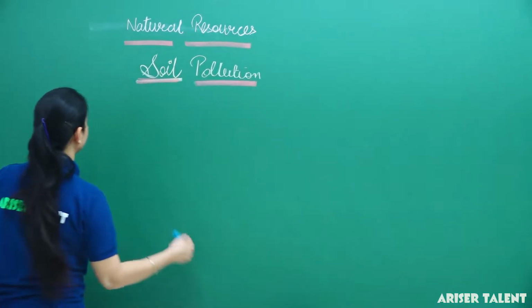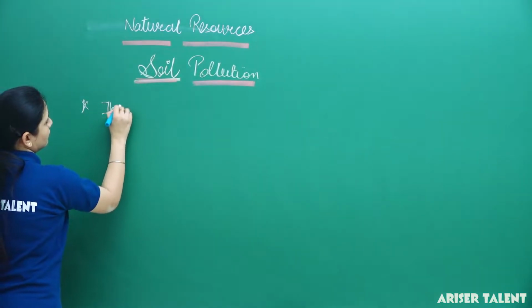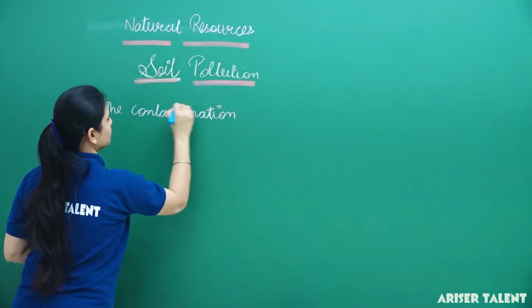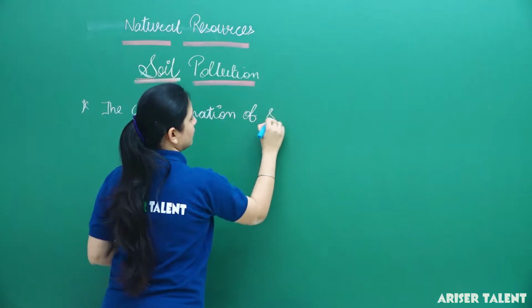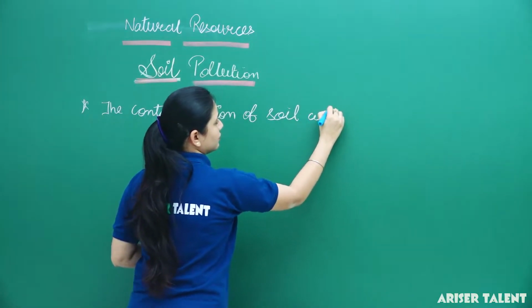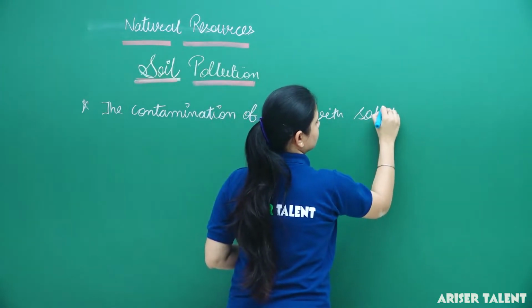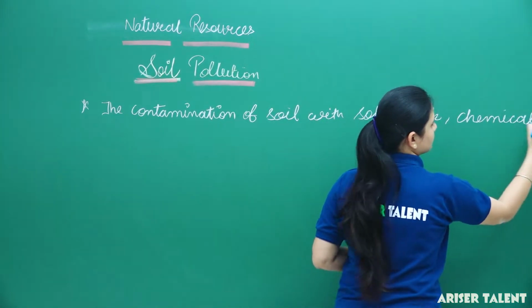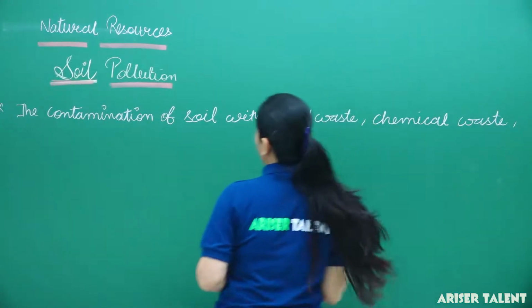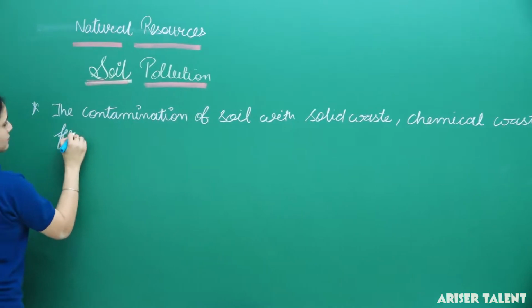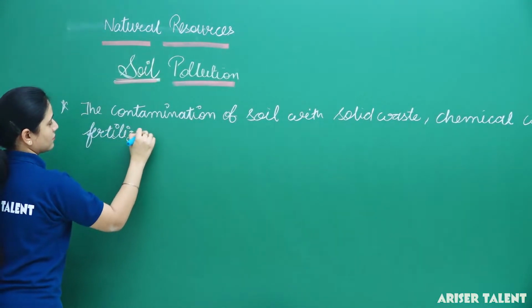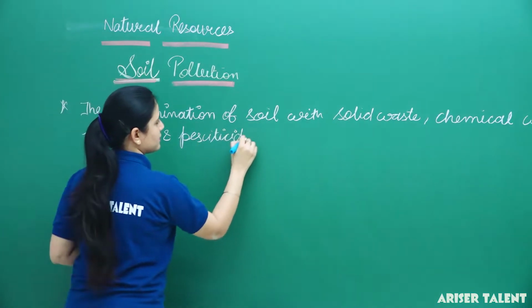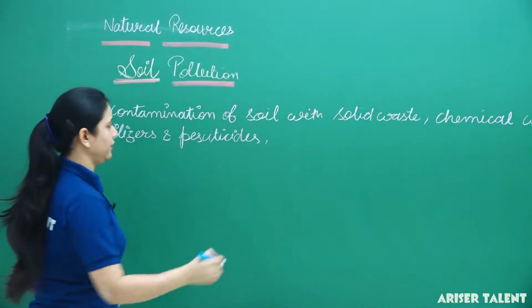Thus, we can say the contamination of soil with solid waste, chemical waste, fertilizers and pesticides, then it reduces its fertility.